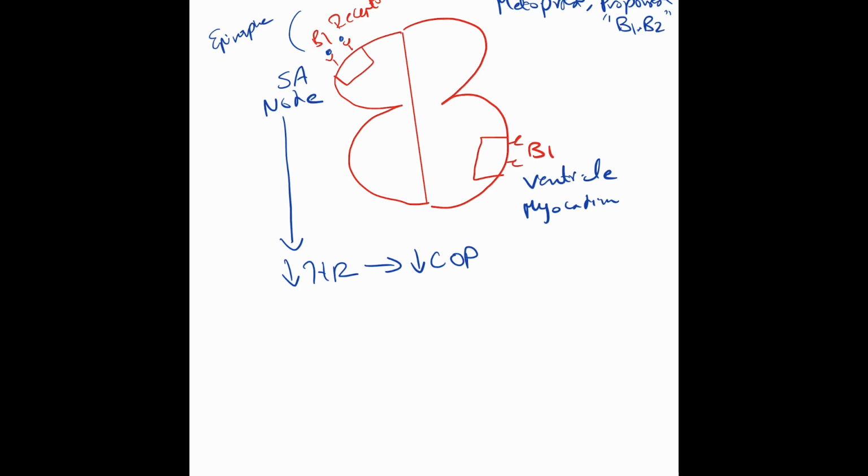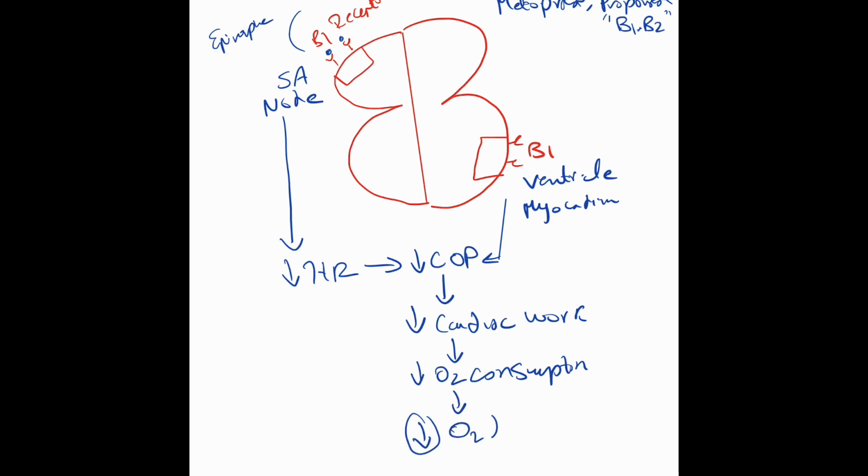In the ventricular myocardium as well, it causes decreased cardiac output by decreasing contractility. The outcome of decreased cardiac output is decreased cardiac work. If you decrease the cardiac work, then you decrease the oxygen consumption, and thus you ultimately cause decreased oxygen demand.